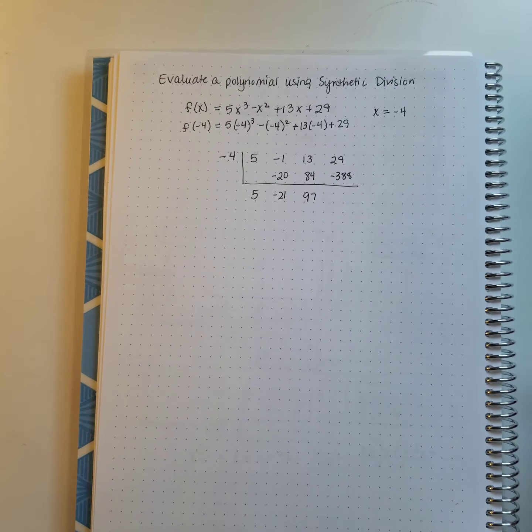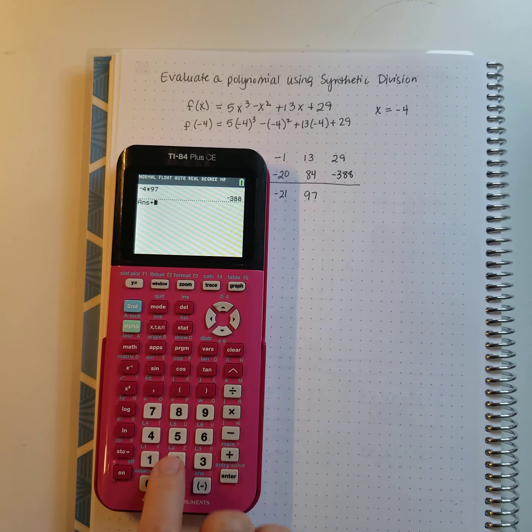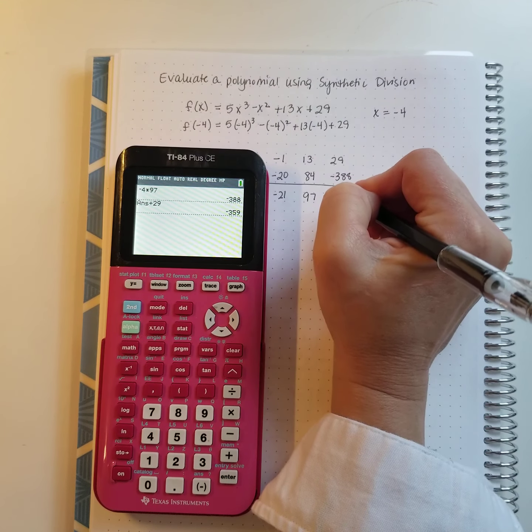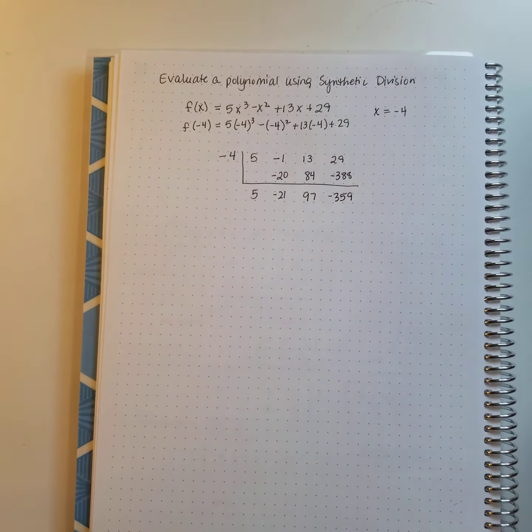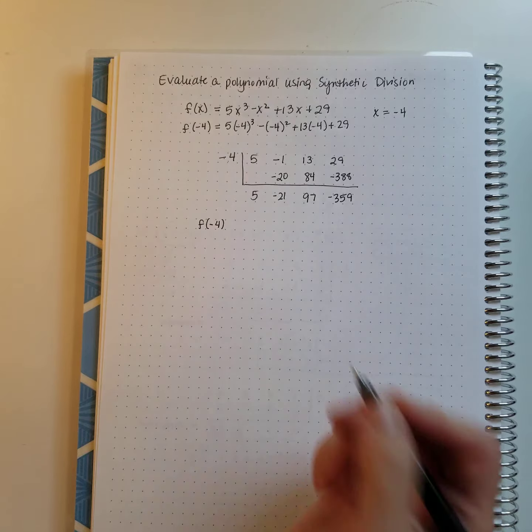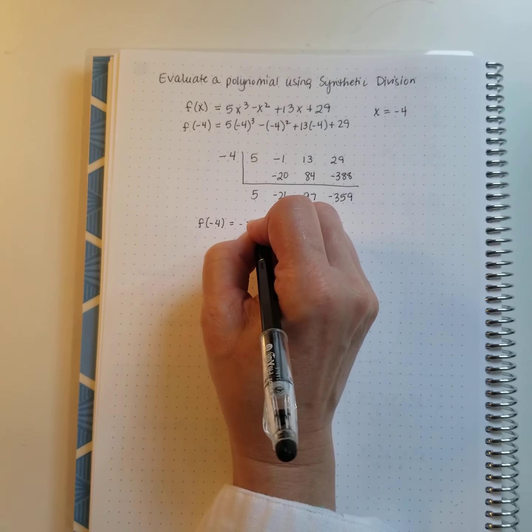Then I add that to my 29, and I get -359. Well, there you go. So the function when x is -4 equals -359.